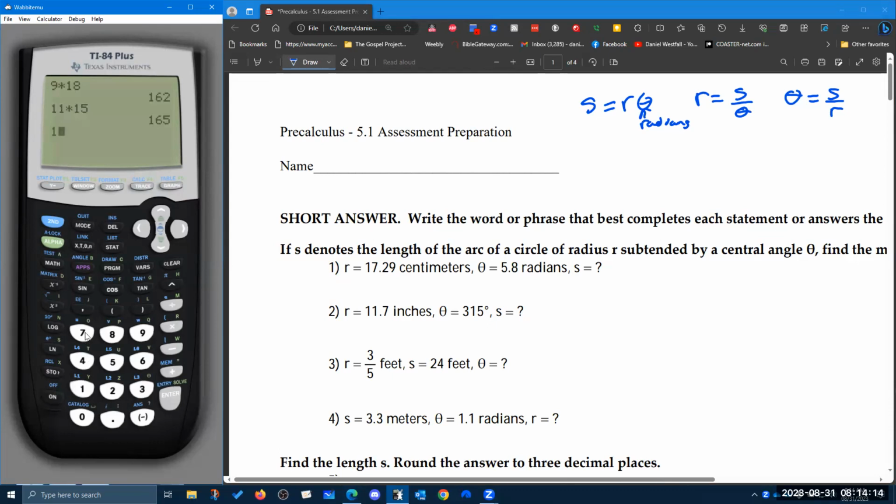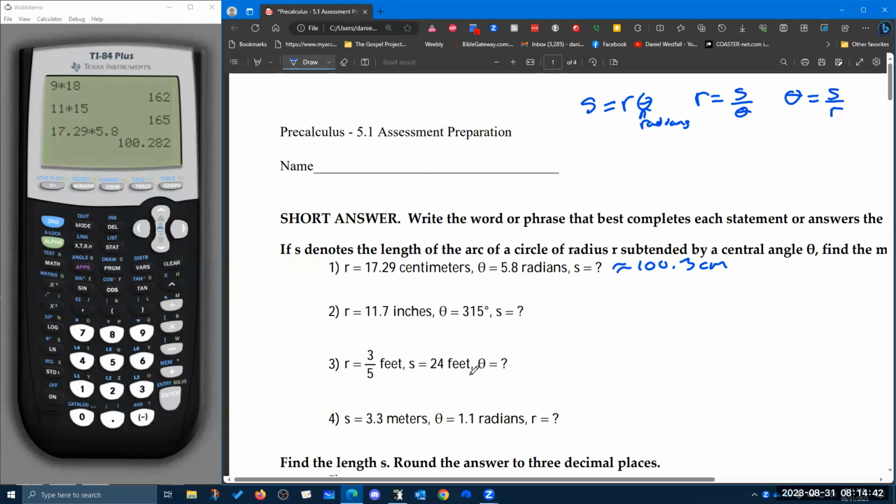So if I take 17.29 times 5.8, since it's already in radians, that's my S, and we're going to round this to the nearest tenth of a centimeter, so S is approximately 100.3 centimeters.